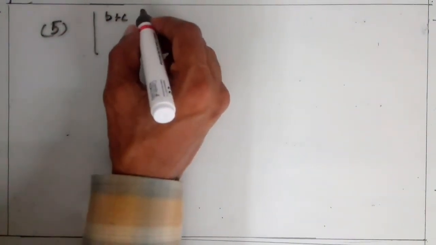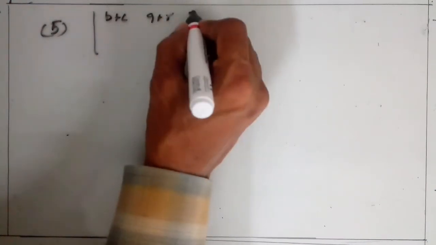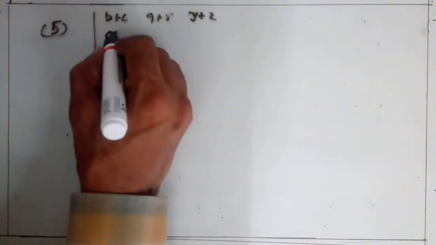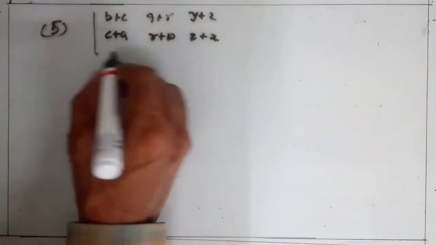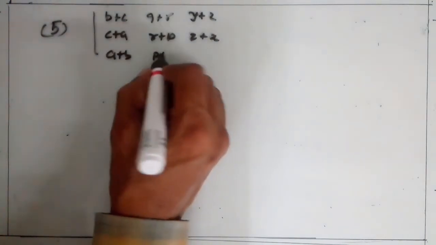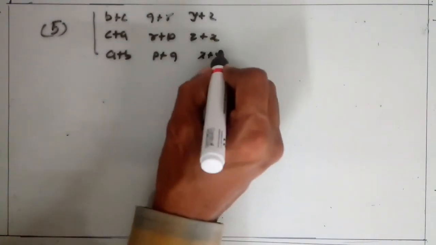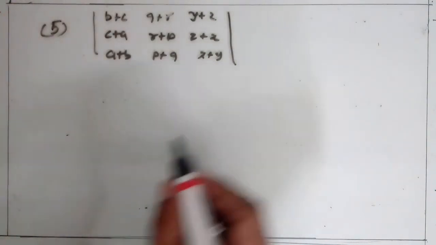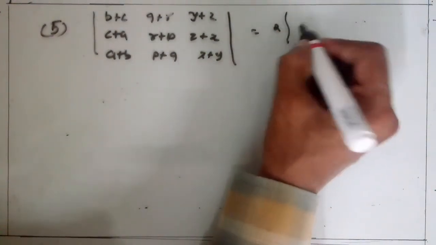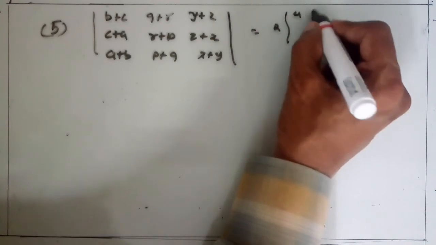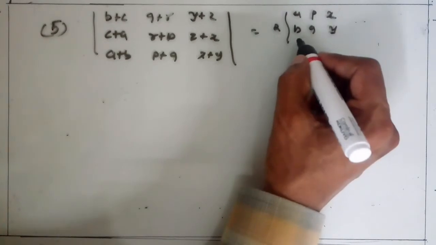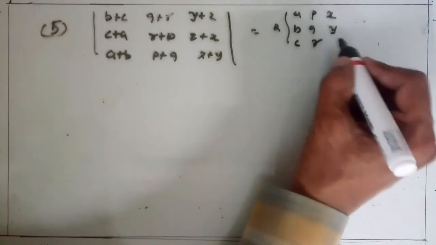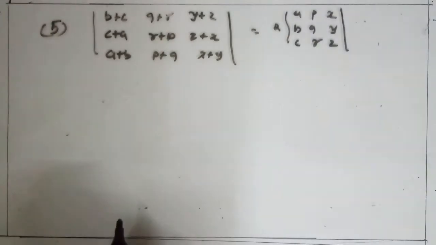BC, B plus C, Q plus R, Y plus Z, C plus A, R plus P, Z plus X, A plus B, P plus Q, and X plus Y is equal to... prove that 2 times determinant A, P, X, B, Q, Y, C, R, Z. Ayush, how do we prove this?